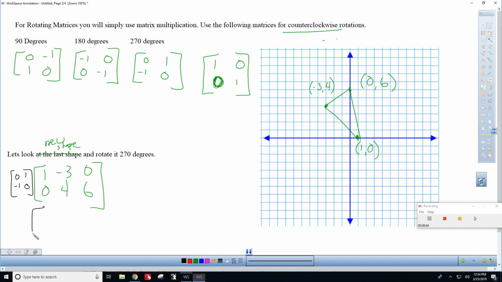Row by column. 0 times 1 plus 1 times 0 is 0. Negative 1 times 1 plus 0 is negative 1. Okay, 0 times negative 3, negative 1 times 4 is negative 4.